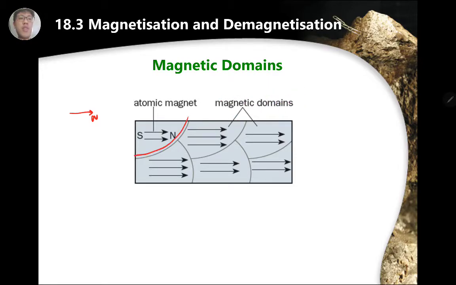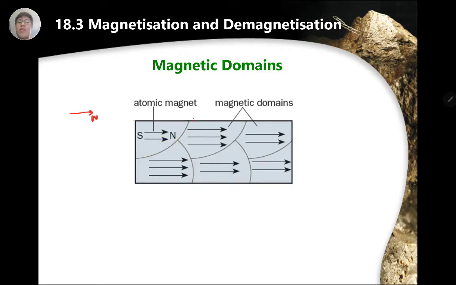So this is one domain, this is another domain, this is another domain. Within each domain, the atomic magnets always point in the same direction, but the domains can point in different directions because they are their own magnets.